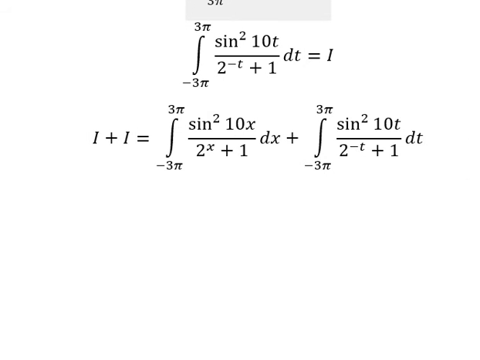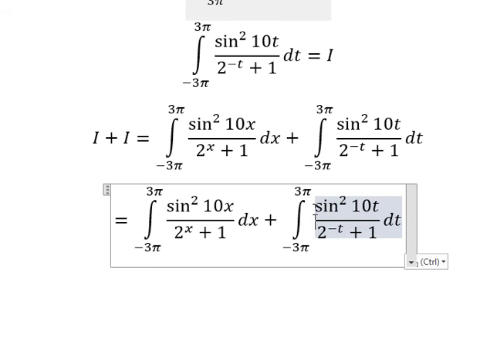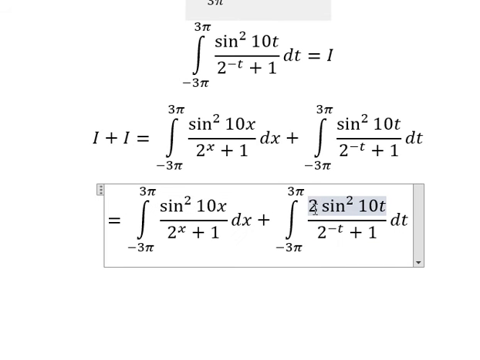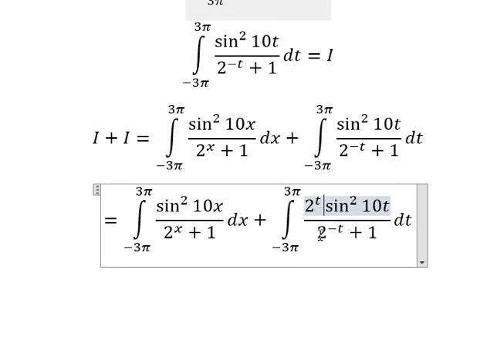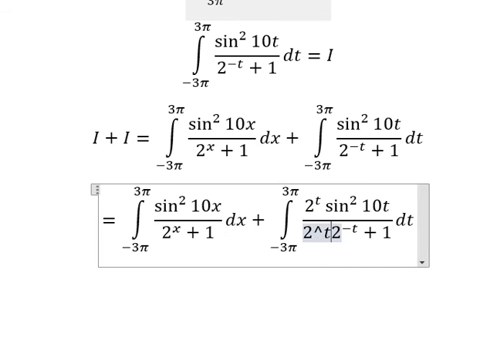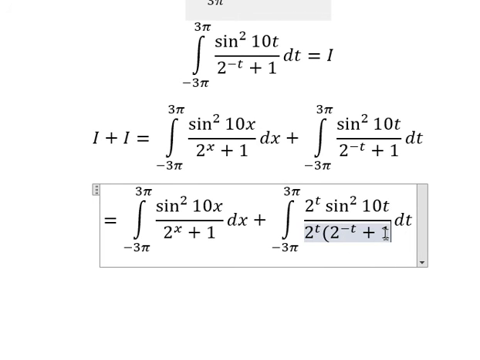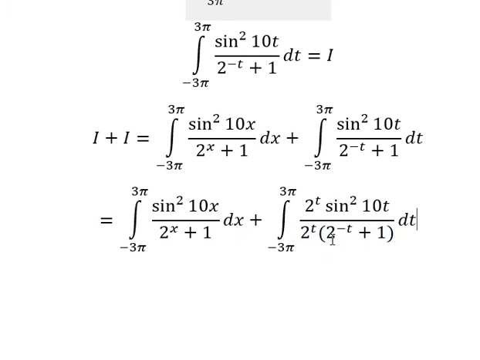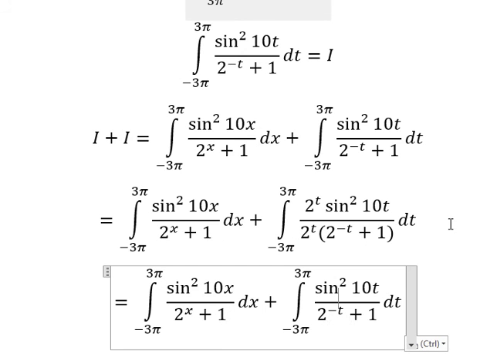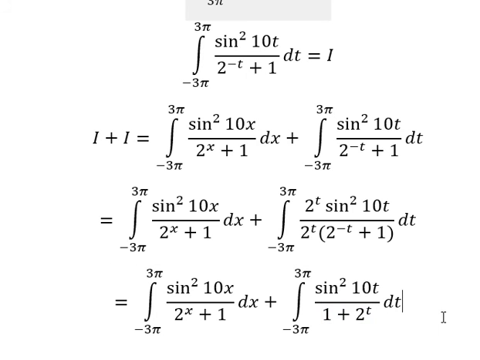So this one I will put 2 to the power of t on the numerator and denominator. And this one we have 1 plus 2 to the power of t.